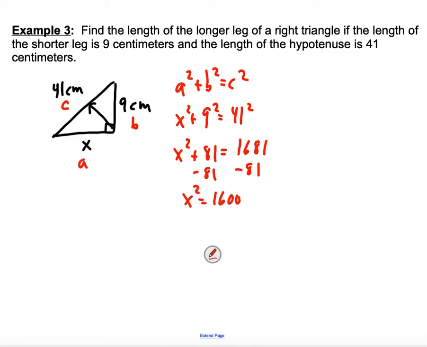So now all we have to do is take the square root there of 1,600. So when you take the square root of both sides there, we get x equals 40, and then since the other sides there had a label of centimeters, we're going to have to label our answer here as centimeters.